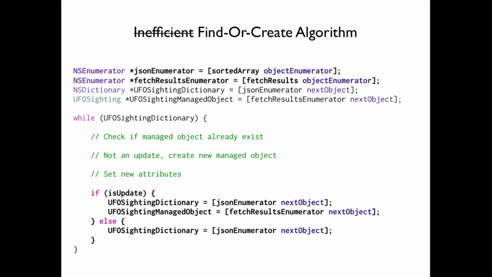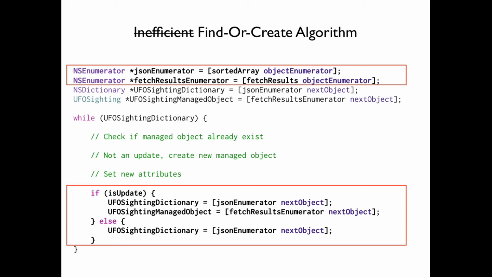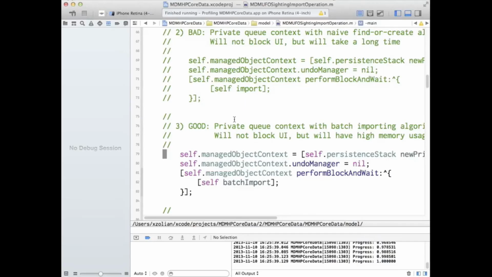If it doesn't exist, you can create the new object or set the attributes on it or update the attributes. And then if it's an update, you increment both pointers. If it's a brand new object, you just insert it and you only increment the NSDictionary enumerator.